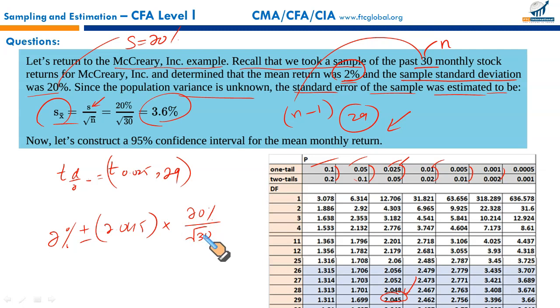When you simplify this, I'm going to write the straight result. It's going to be 2 plus minus 7.4%. So the final version would be 2 plus 7.4, that is 9.4%, and 2 minus 7.4, that is negative 5.4%. And I know you know how to do the interpretation: we are 95% confident that the population mean would fall between these two values. The true population parameter will fall between these two values.